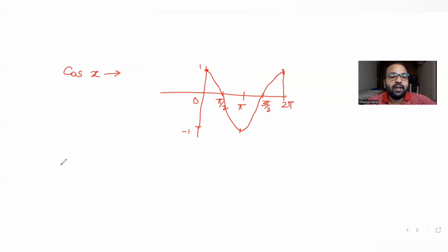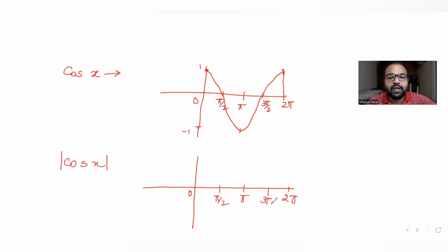Now if I find the same curve for mod of cos x, it will always give you a positive value, because mod of anything always gives a positive value. So for mod of cos x from 0 to 2 pi, it will again go from cos 0 being 1 to cos pi by 2 being 0.